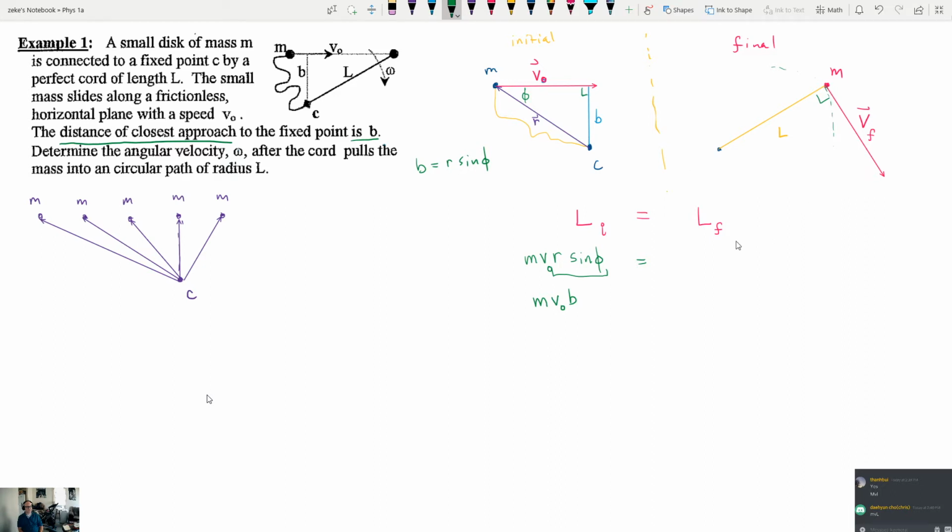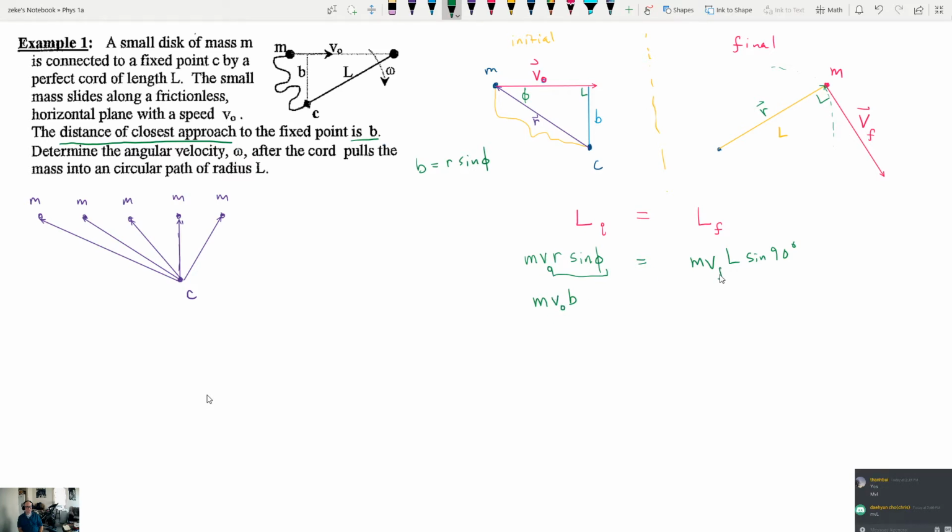Because m times v gives us the momentum, and then you just multiply by this distance right here, because the angle between basically the L vector, or R vector, and the velocity vector is 90, so it's just mvL. I'm going to put on here sine 90. Now I need to be careful. This initial velocity on the left, that should have been v naught, so I'm putting v naught in there.